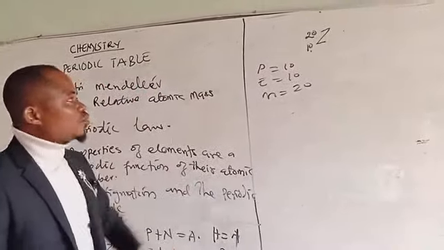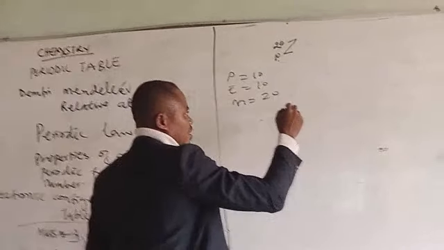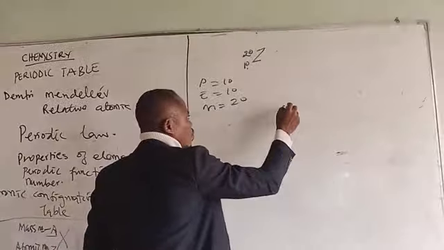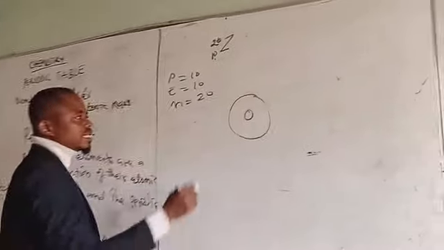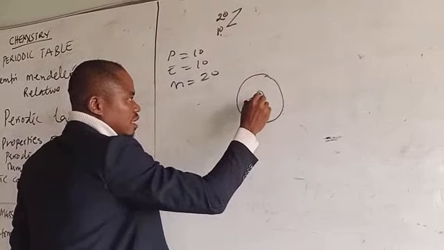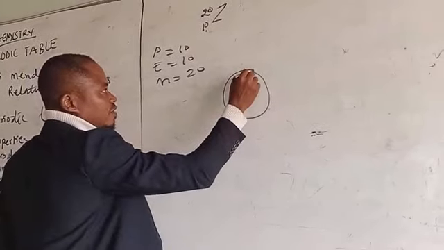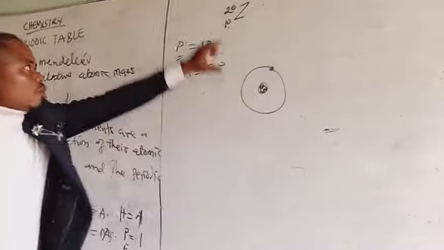Now, how many neutrons are there? Because we know in a given atom, from the Bohr structure, the atom consists of a dense nucleus, which consists of the protons and the neutrons, while electrons revolve around in circular orbits. So now, how many neutrons will be in this atom?